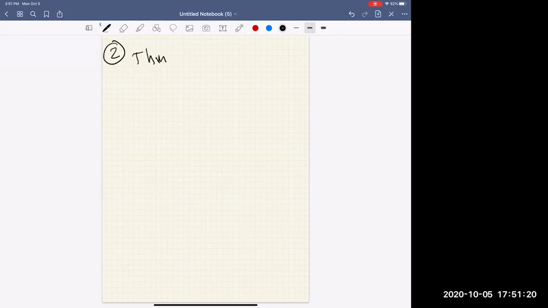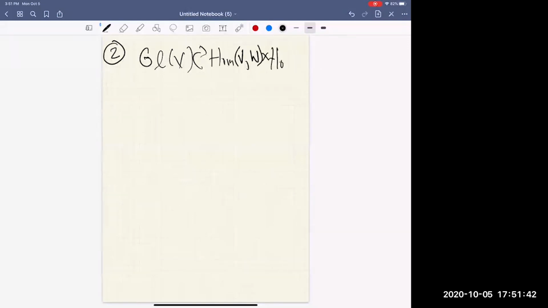Sorry, let me set it up first. So now I'll say GLV is acting on Hom. So this corresponds to my previous 2. But as you pointed out, you can't go backwards.